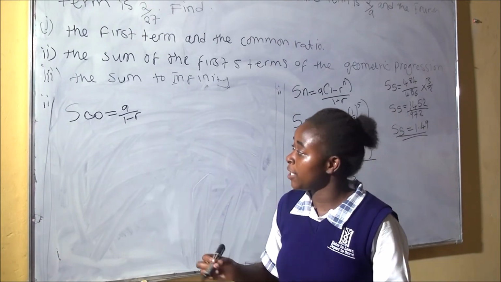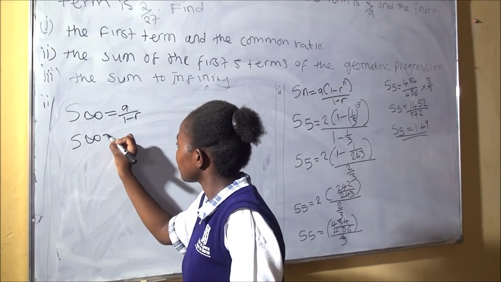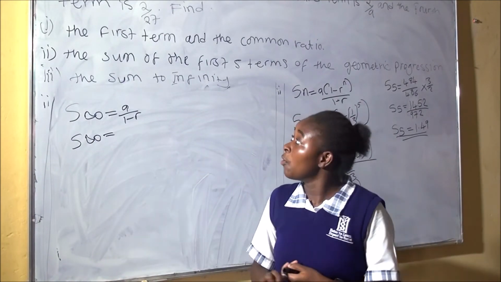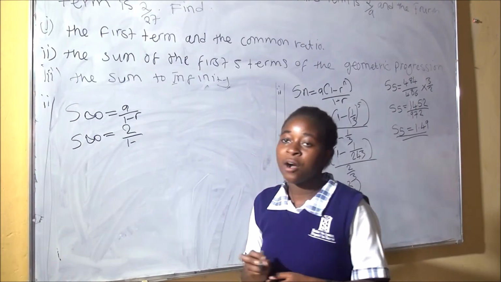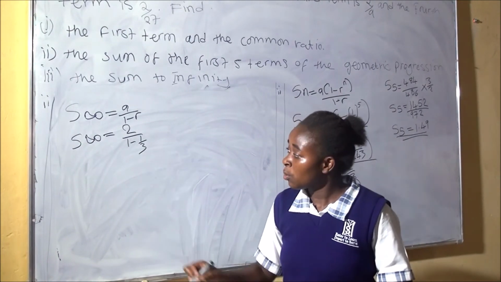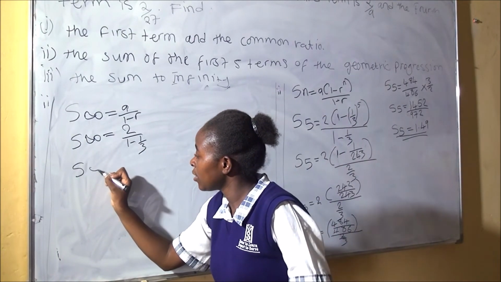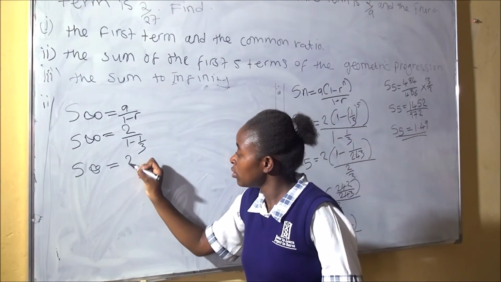So sum to infinity will be, our a was 2 over 1 minus. Our r was 1 over 3. So sum to infinity is equal to 2.